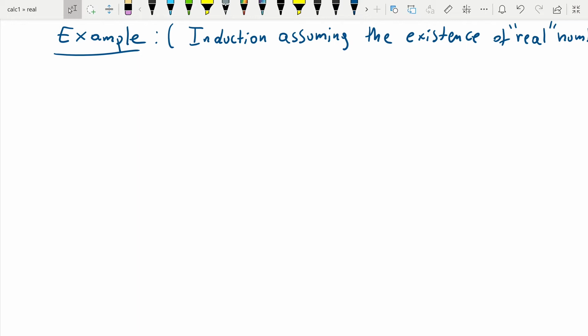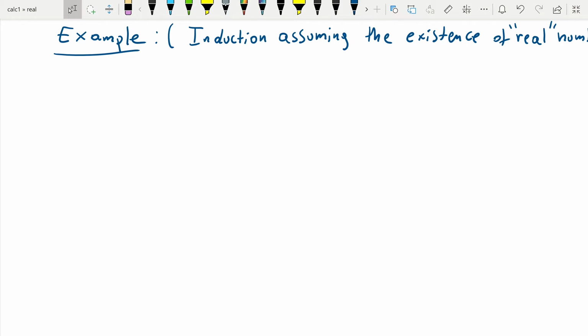Okay, so we can from then on assume that we're talking about the same thing when we talk about real numbers. But for now, the point of this example is just to give you one more application of the principle of induction. For the time being, we're going to assume that the real numbers exist.